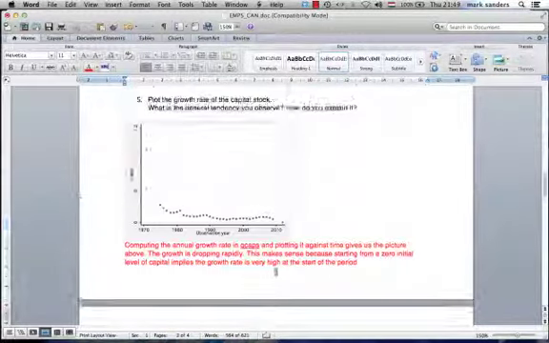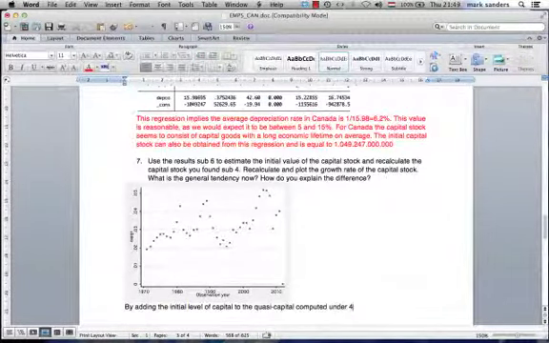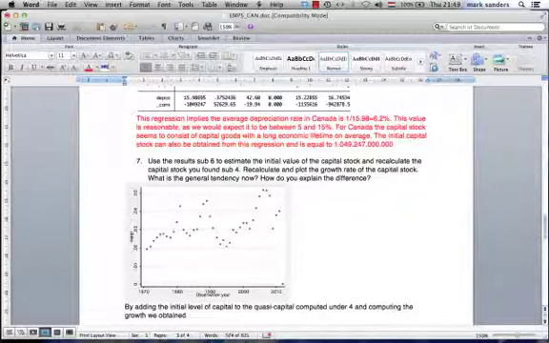I think we computed it under 4. And computing the growth rate, we obtained cap GR that is displayed in the figure above.